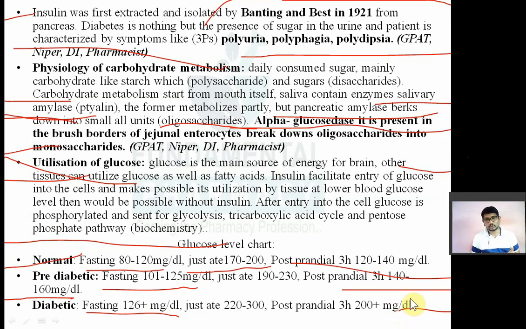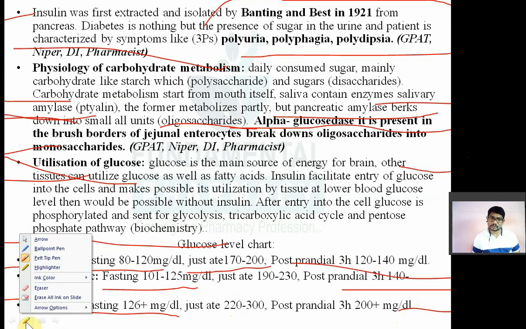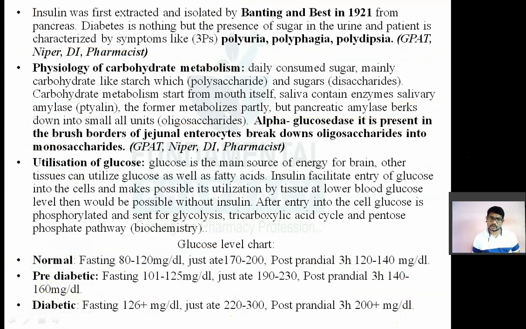So that is the glucose level chart. That will give you an idea whether you are suffering from diabetes or not. If you check your blood glucose level, the fasting level of a normal individual should be in the range of 80 to 120 milligram per deciliter.